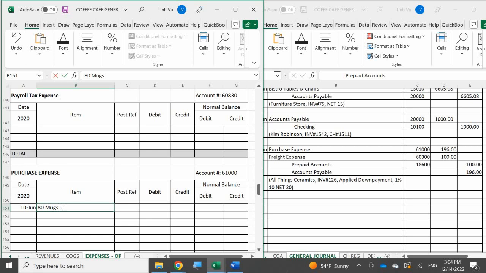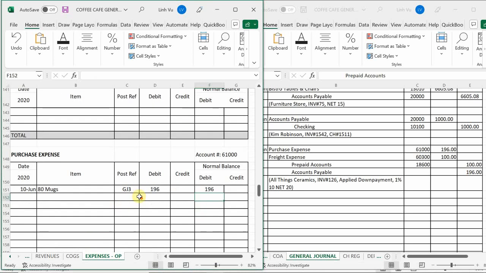In this case, 80 mugs is fine for me because I don't need to keep track of the dollar amount, because that's what my inventory worksheet is for. Okay? So general journal, page 3, and we have it for $196, right? So therefore, I have a purchase expense account for $196.